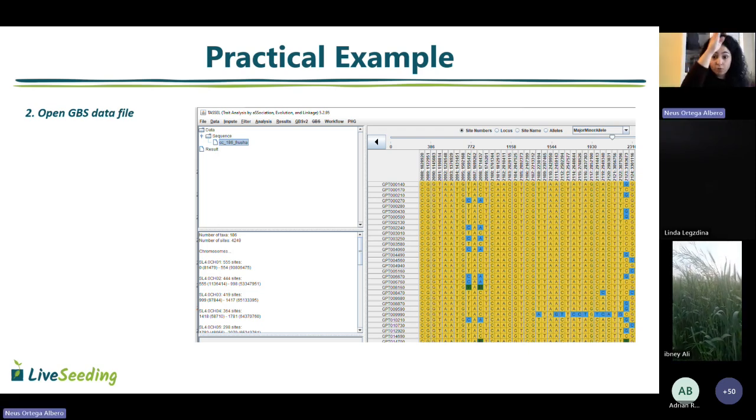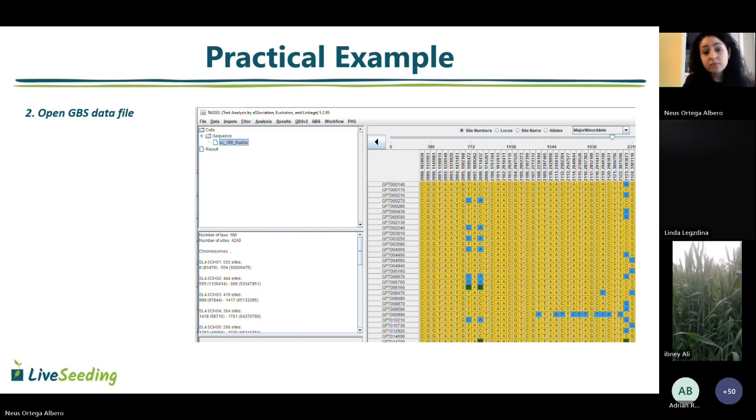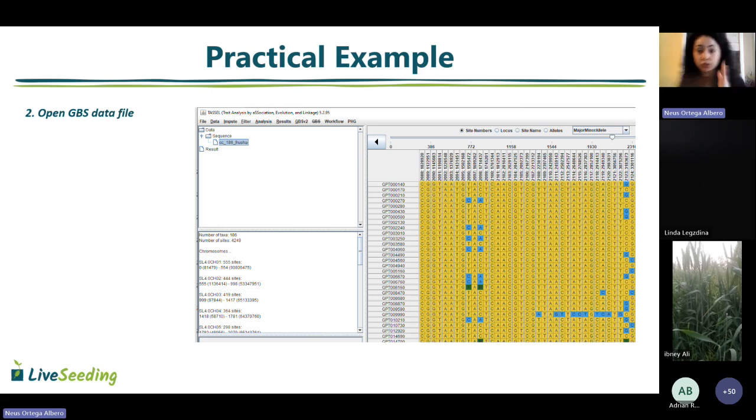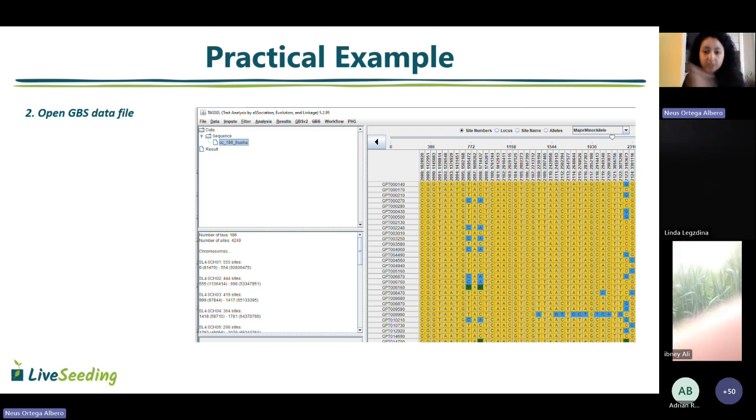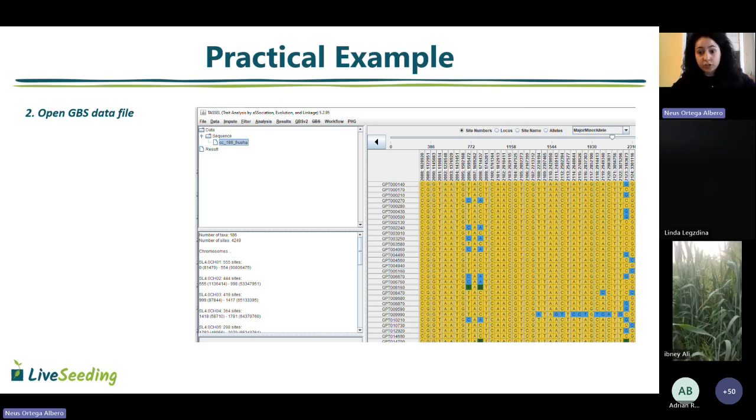So in the same location, one variety has a T, one variety has a G, one variety has a C, whatever. We have all this information: which base pair each variety has in each position. It's not all the base pairs in the whole genome. It's just some base pairs along the genome.